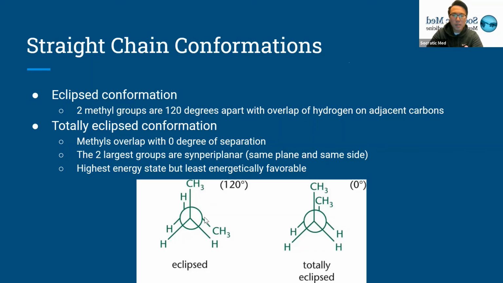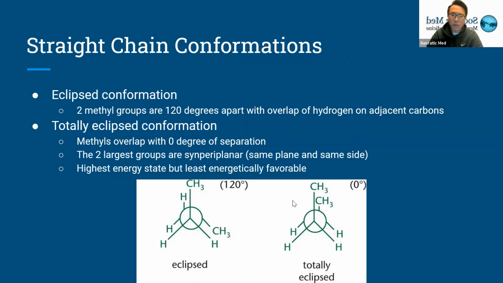This is more favorable than what is called totally eclipsed. This is when the methyl groups are directly on top of each other. There's 0-degree separation between them. And this has the highest energy state because of the strain caused by the two methyl groups being right on top of each other.